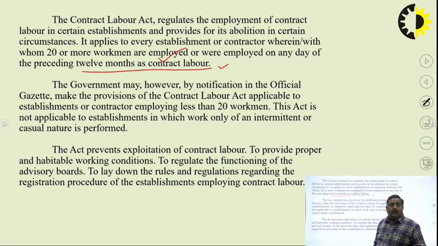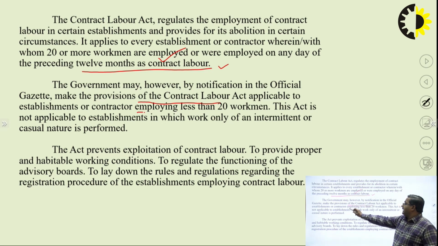The government may, however, by notification in the official gazette, make the provisions of the Act applicable to an establishment or contractor employing less than 20 workmen, and this Act is not applicable to establishments in which work of only an intermittent or casual nature is performed.